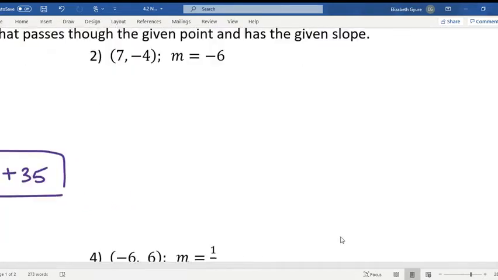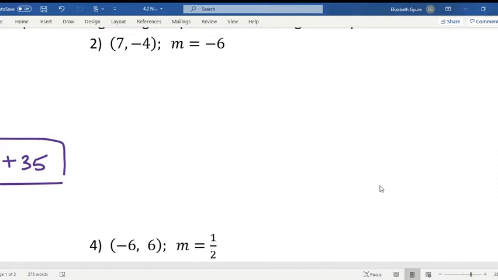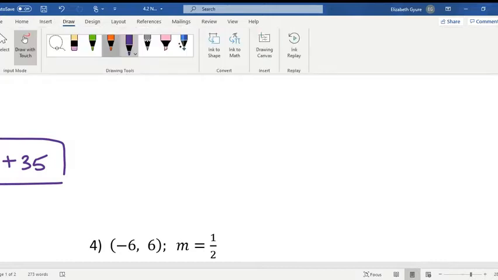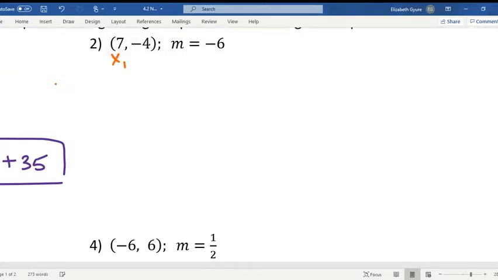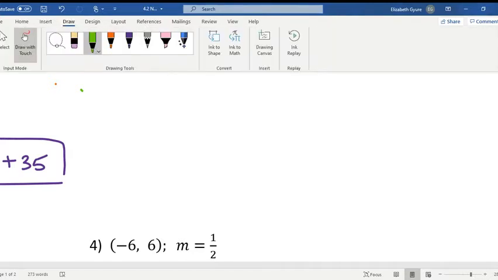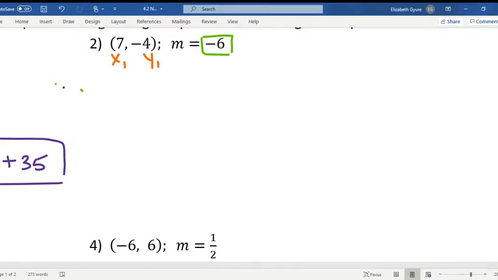So with number 2, we have the point 7, -4, and the slope is -6. So this is our x1, this is our y1, and this -6 right here is our slope. So just so we get used to it, so we know what it looks like, I'm going to write down my formula again.